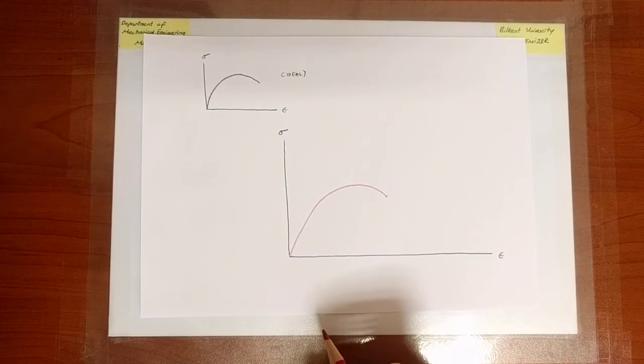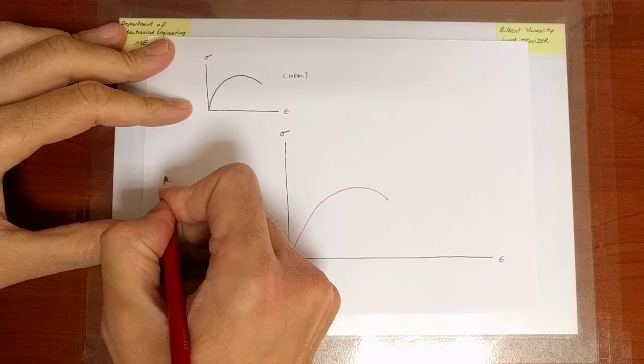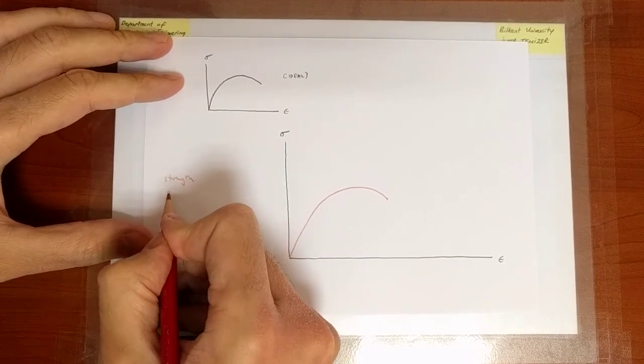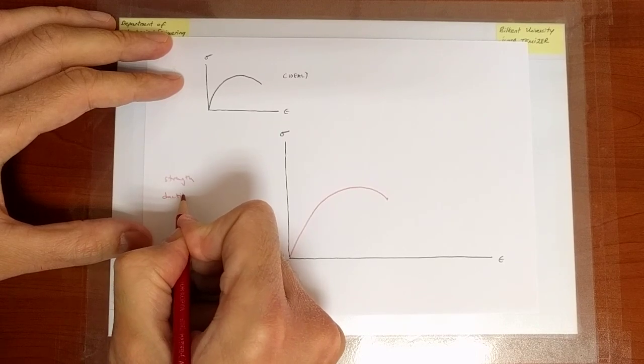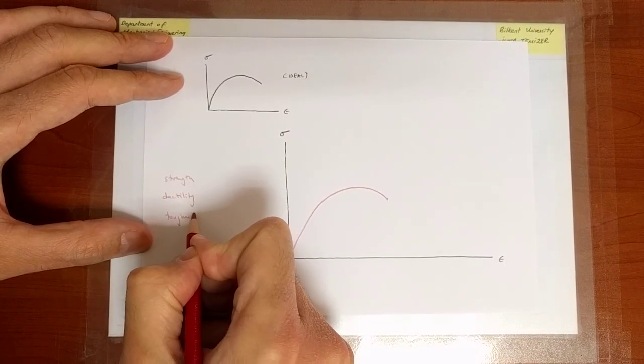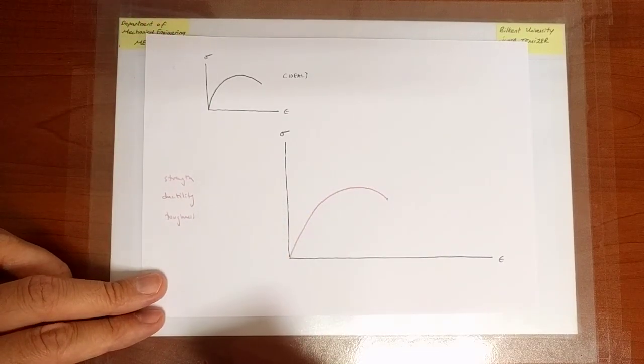Okay, so now the three concepts, the strength, the ductility, and toughness, all have to do with the stress-strain curve. Now, the strength is easy.